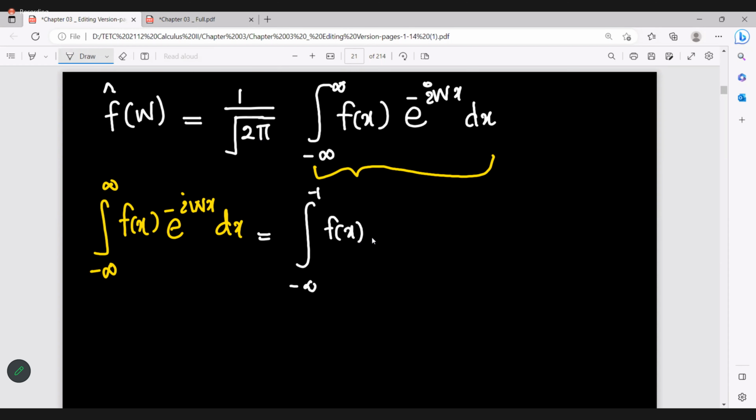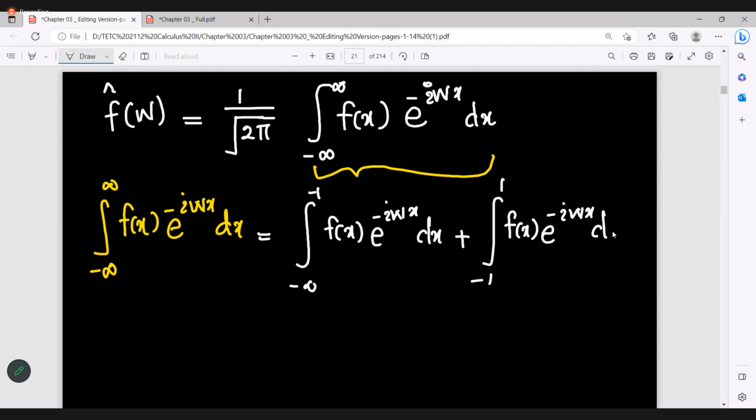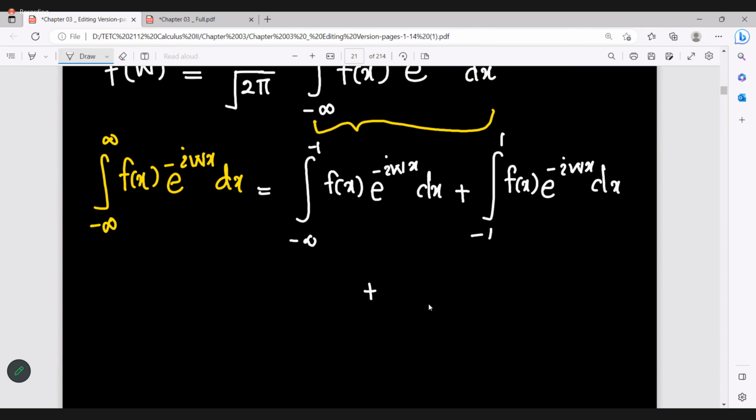f of x e to the power minus iwx dx plus minus 1 to 1, f of x e to the power minus iwx dx plus from 1 to infinity f of x e to the power minus iwx dx.